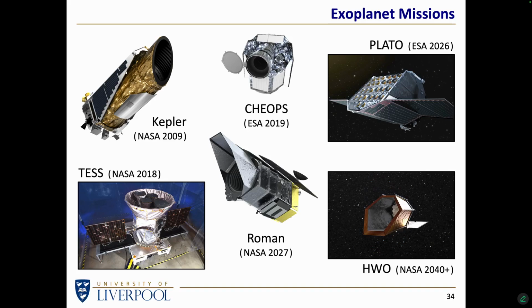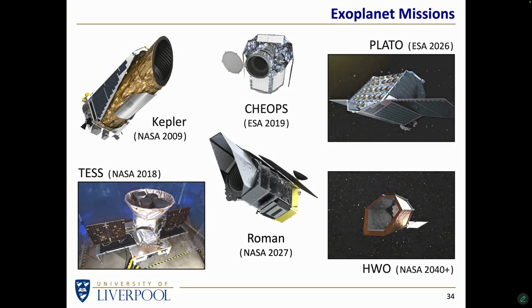Middle bottom, a NASA space mission, perhaps around 2027, called the Nancy Grace Roman Space Telescope. And in the much further future, in the bottom right, a Habitable Worlds Observatory. In other words, specifically going to look for Earth-like planets to see if they're inhabited.